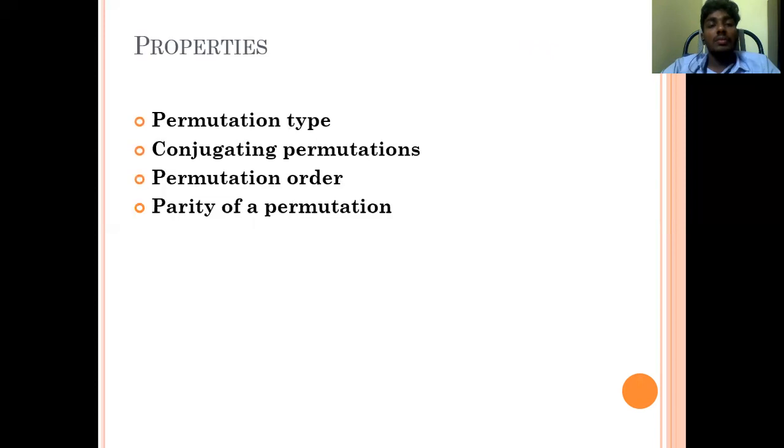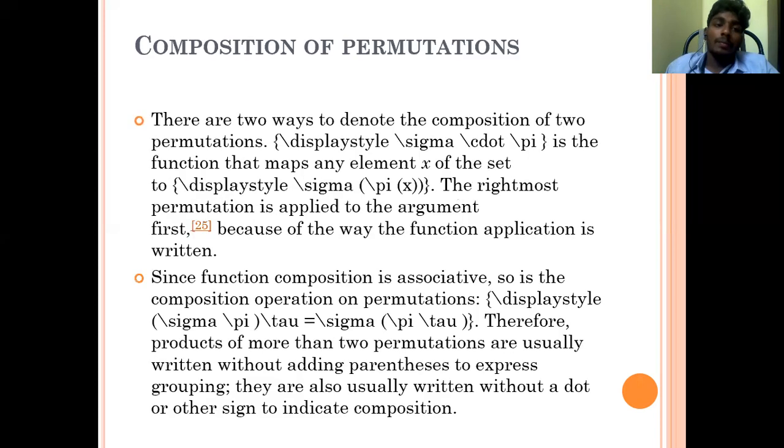Then the composition of permutations. There are two ways to denote the composition of two permutations. Sigma phi is the function that maps an element x of the set to sigma of phi of x. The rightmost permutation is applied to the argument first because of the way function application is written.